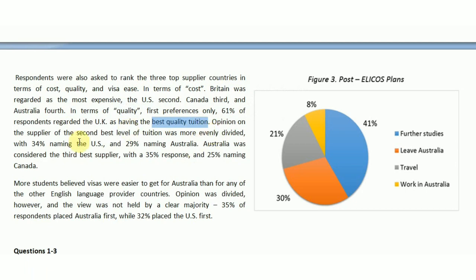The second best level of tuition was 34%, naming the US, and 29% naming Australia. So I guess Australia is the third best supplier. So this is our location, and on the basis of quality, or you can say tuition quality, they are doing the categorization. So definitely this is our location.